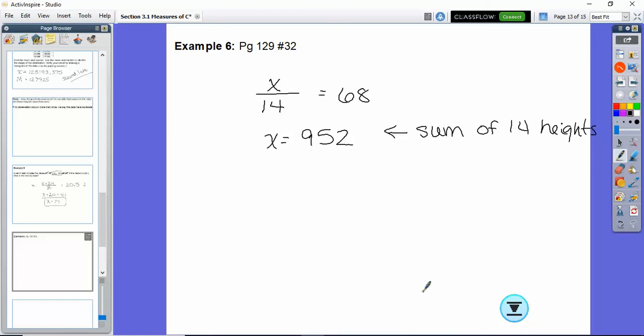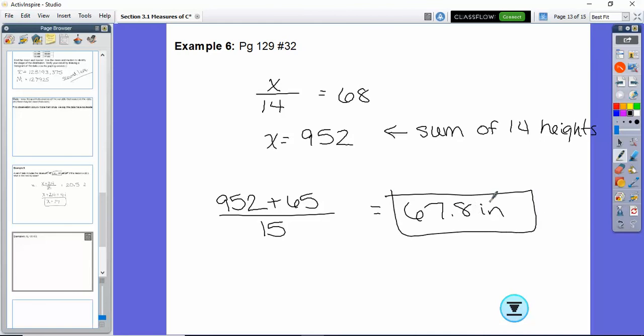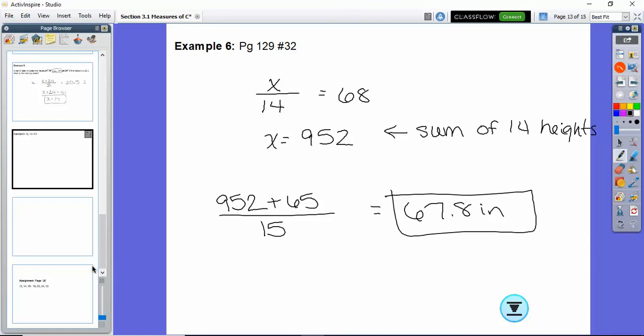We have to add everybody up and divide by 15. Well, I don't know the first 14 values, but I know they added up to 952. Plus, how tall was she? And then I would divide by 15, because now there's 15 kids. And we get a mean of 67.8 inches. So you don't always have to have the original data. Sometimes we can work backwards there. Alright, so it's good with everybody?